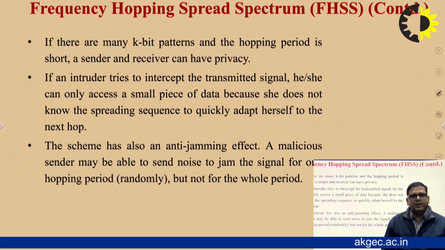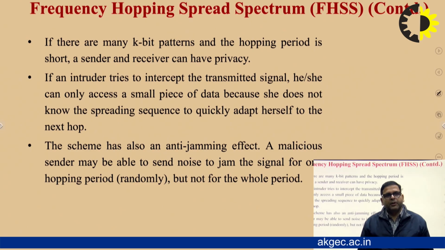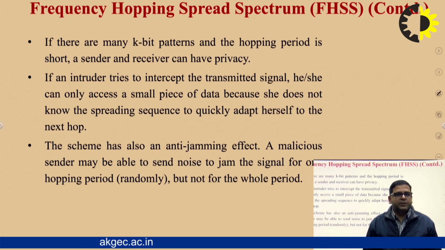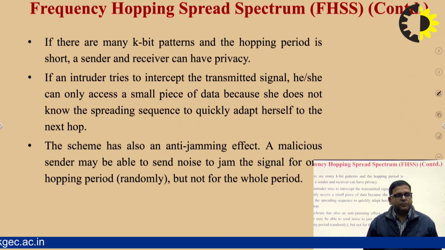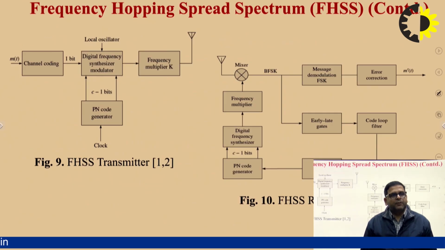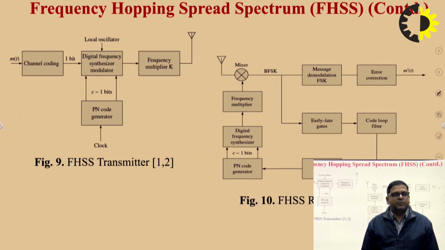So, if at any instant an intruder gains knowledge of a particular frequency, and wants to jam it, we have the option to change our carrier frequency to the next value. In this way, frequency hop spread spectrum can save our desired transmitted signal.